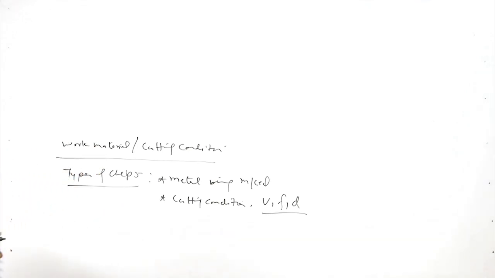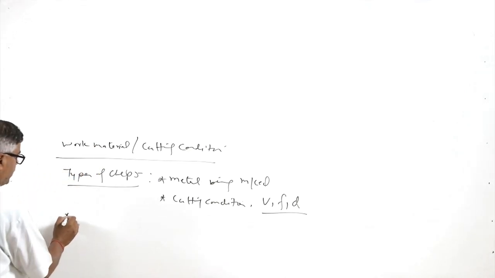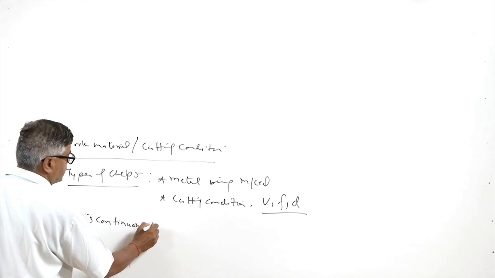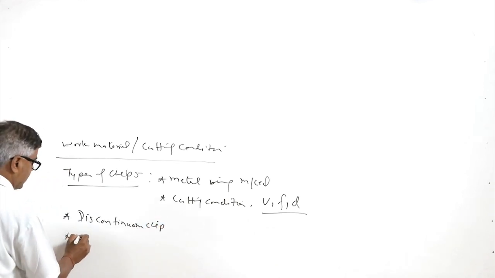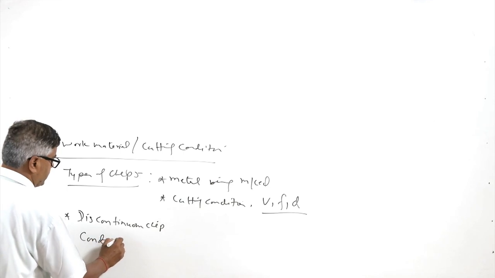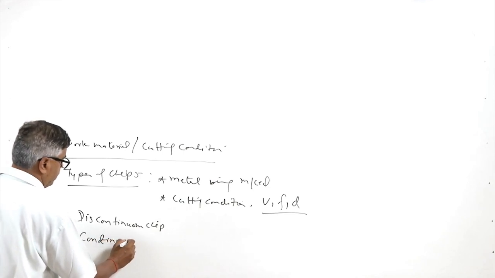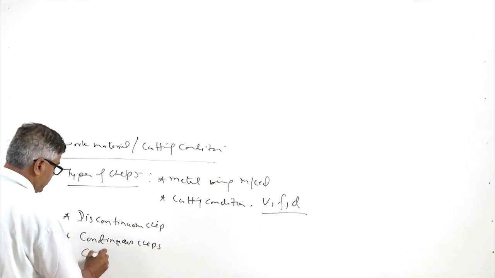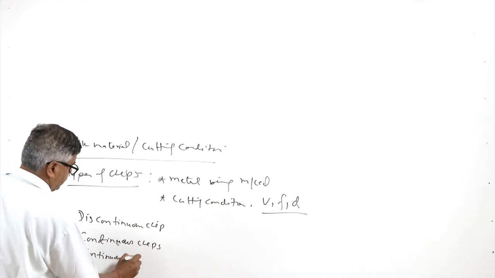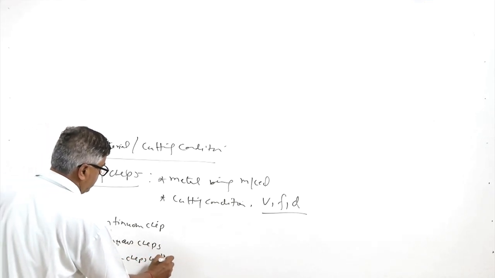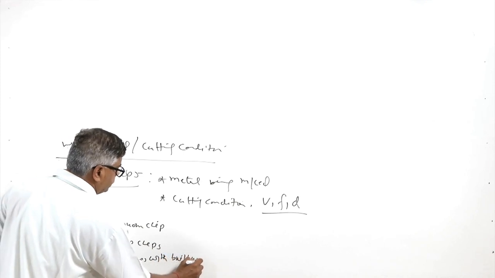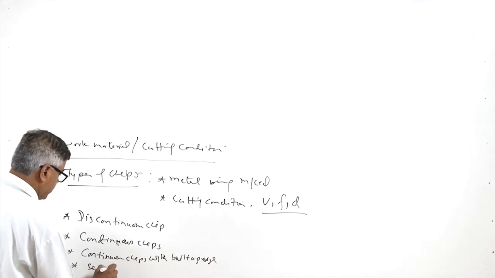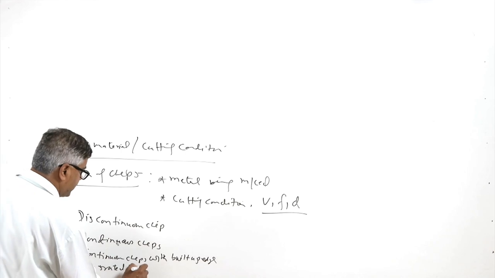Basically there are four types of chips which are commonly observed. One is discontinuous chips, the second is continuous chips, third is continuous chips with built up edge, and fourth is serrated or segmented chips.